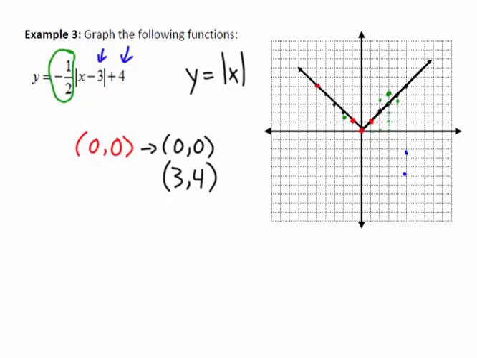Now we take our coordinate, move it over 3, and up 4, and there is our new point. Now, because we know it's an absolute value, we can just connect these dots and we'll get our new transformed function. And the better you can get at that, the faster the process will be for transforming any graph.